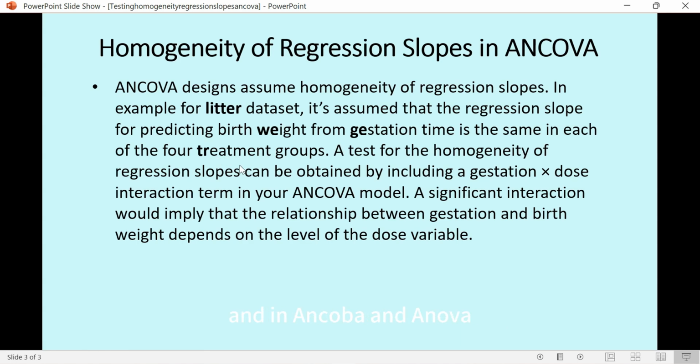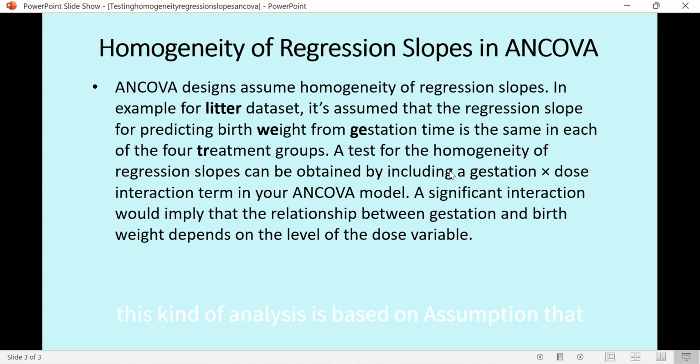In ANCOVA and ANOVA, we want to test if the mean difference for the weight is the same for each treatment group. And gestation is a continuous variable that acts as a covariate, included in ANCOVA because this variable also has an effect on the weight. So we have to include it in the ANOVA function.